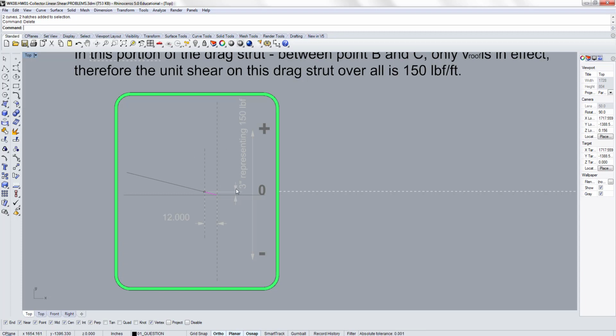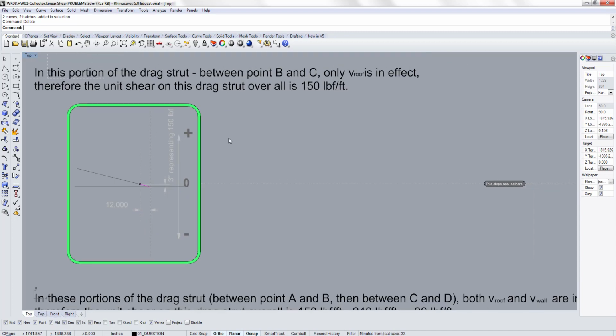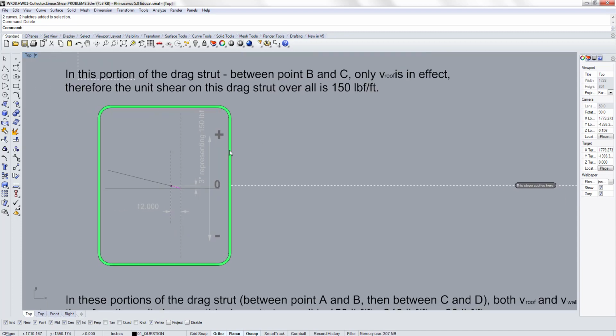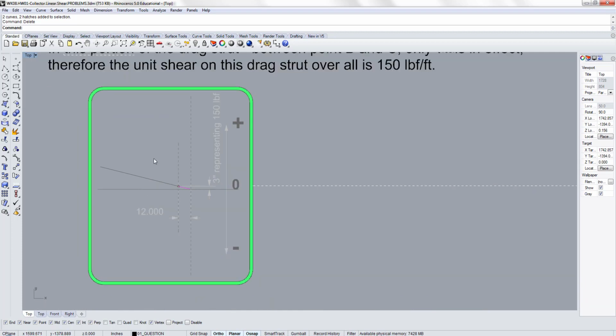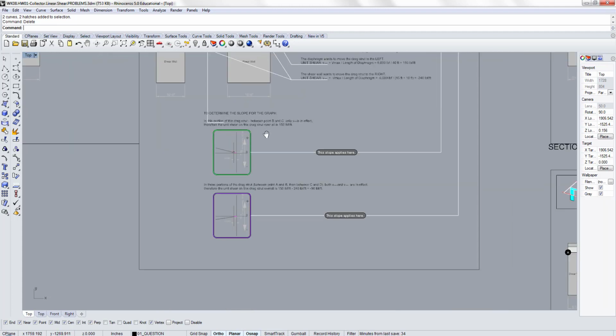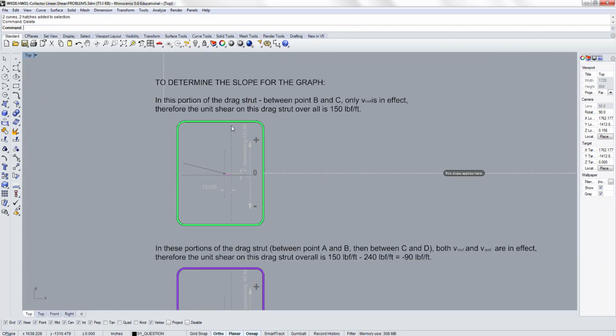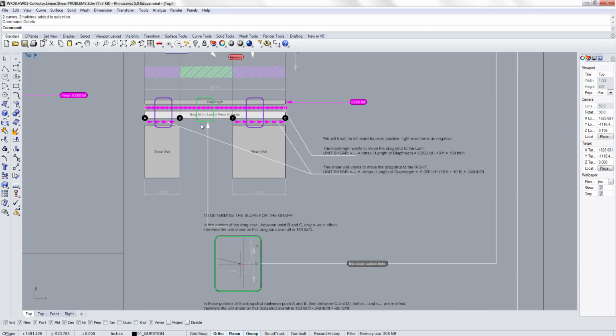In this case, I'm just using 3 inches equals 150. It happens to be 1 inch equals 50 pounds. So this part is straightforward, right? You move 1 foot this way and then 3 inches up. That's going to be the slope of this graph for the green portion.